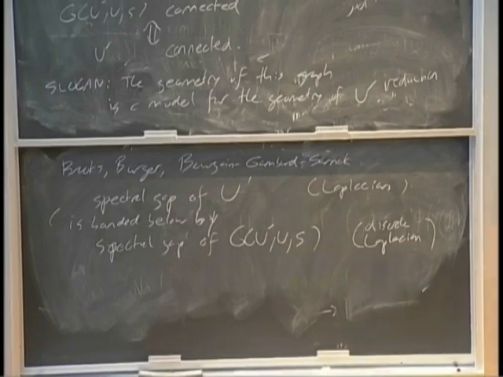So let me say a theorem which is in our paper. Wait, I forgot if I wrote these guys' names on the board before. Just in case I didn't, I'll do it again.